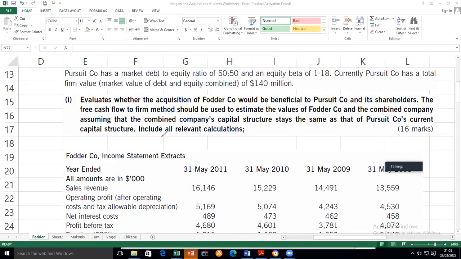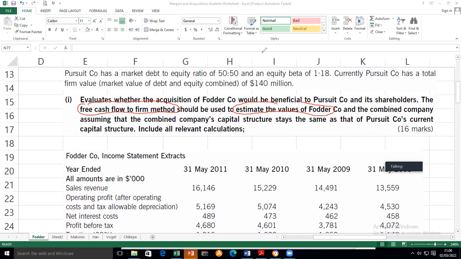We want to evaluate the free cash flow to firm, which should be used to estimate the market value of Fodder and the combined company. So we want to estimate the market value of Fodder using the free cash flow to firm method. That's what we want to do.